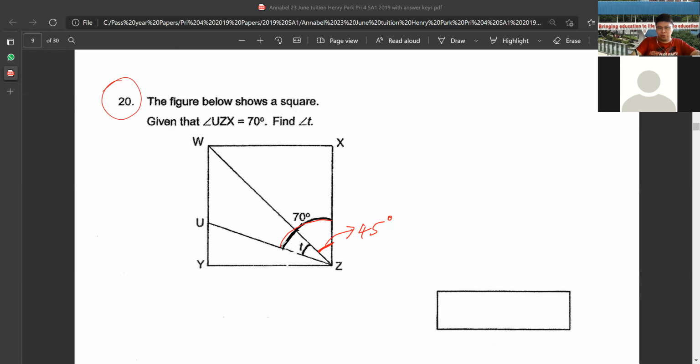This whole thing is 70 degrees. 70 minus 45. And what's the answer? Equal to how many? 35? No.